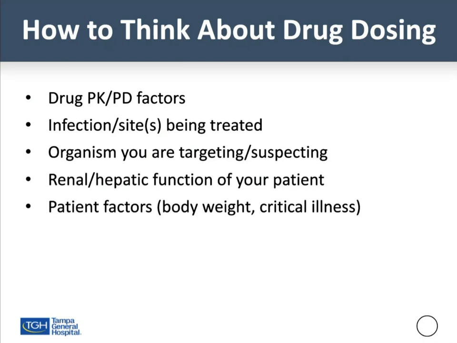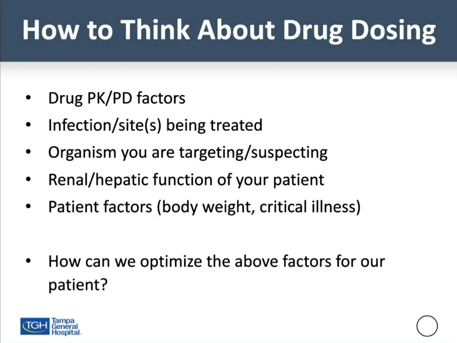If we have a critically ill patient also, we want to make sure that we're taking the status of their illness into account. And I'll talk about how this is something that we want to keep in mind, especially early in that critical illness, in a few slides. So now thinking about all of these different factors, and I know it's a lot, how can we optimize these different factors when dosing drugs for our patient?